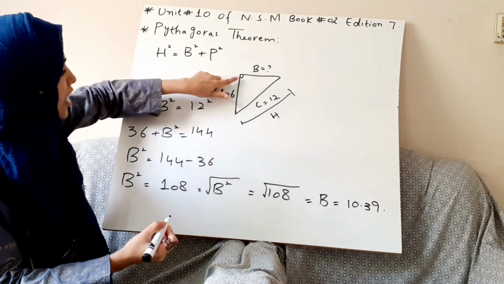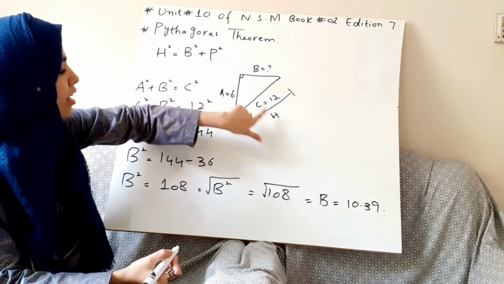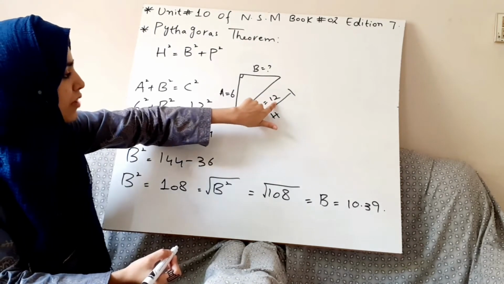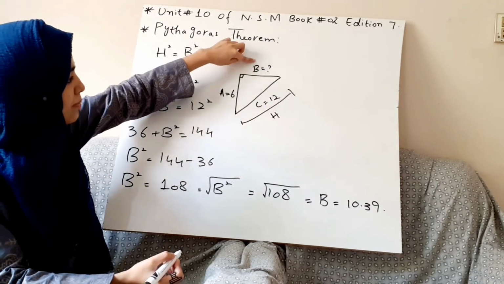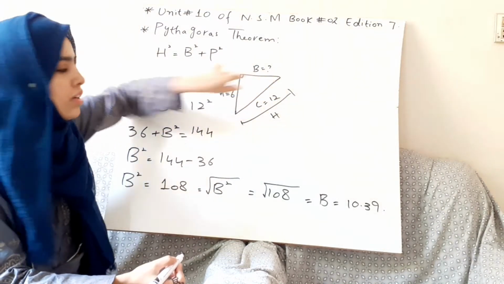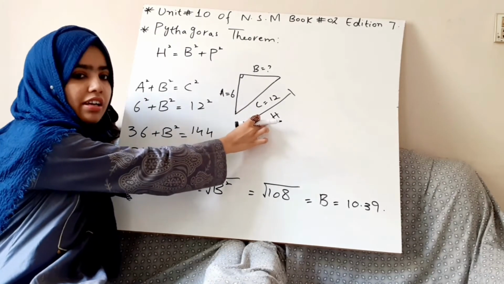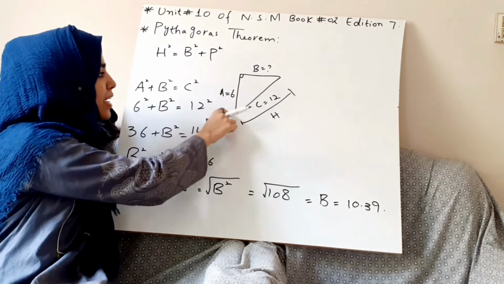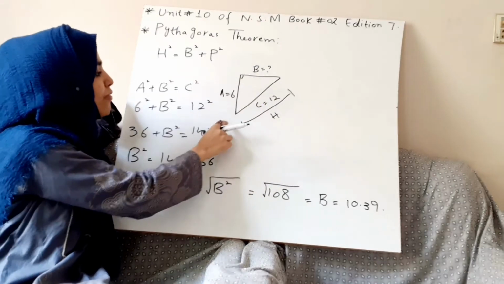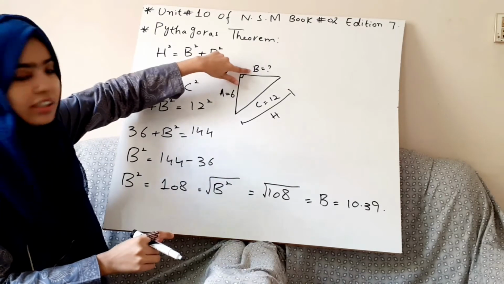And you know the side which is opposite to the right angle is the hypotenuse, which is given as C equals 12. So we have to find B when we are given this A and the hypotenuse. In the previous one we had to find the hypotenuse, given this base and this perpendicular. This time we are given the hypotenuse and this side, and we have to find this B.